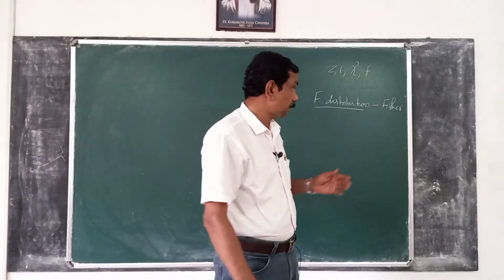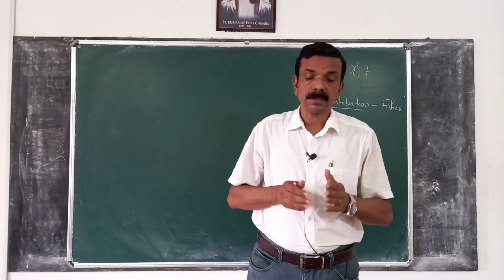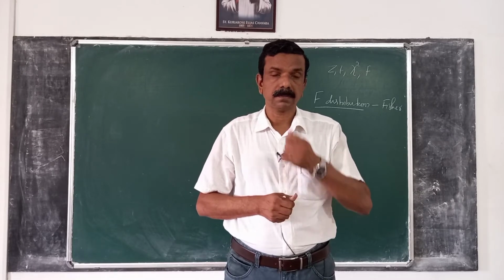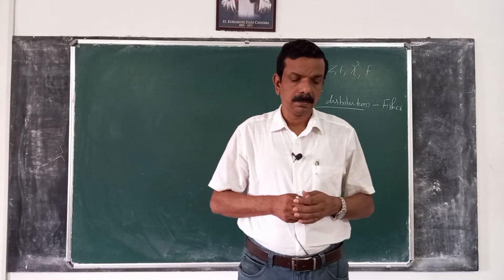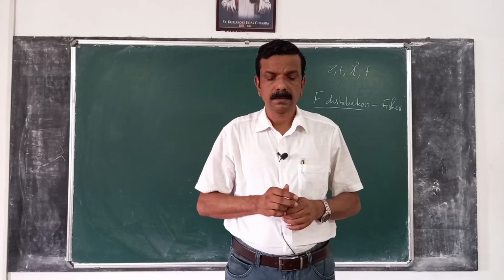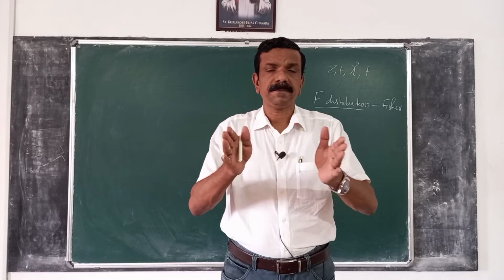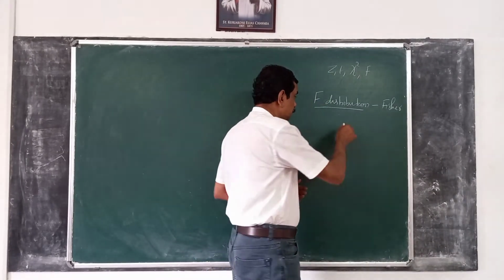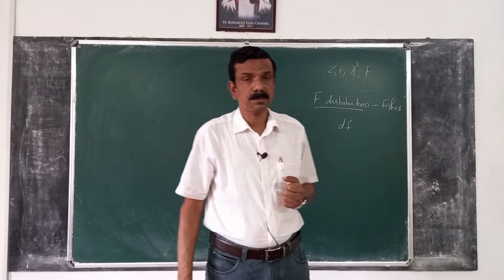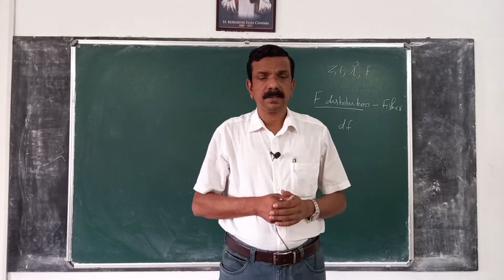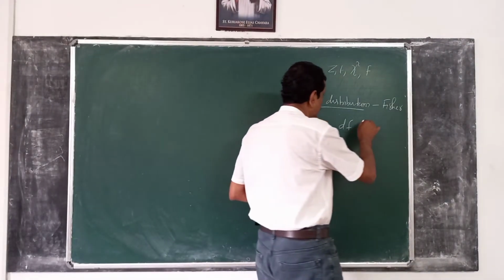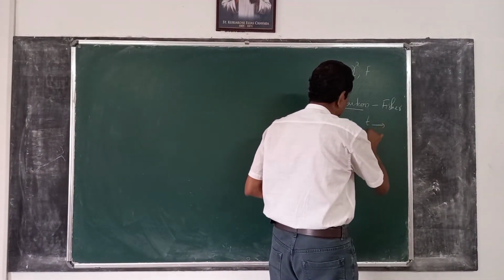Now, there are infinitely many F distributions, and we identify an F distribution by stating its degrees of freedom, just as in the case of the T distribution and also the chi-square distribution.